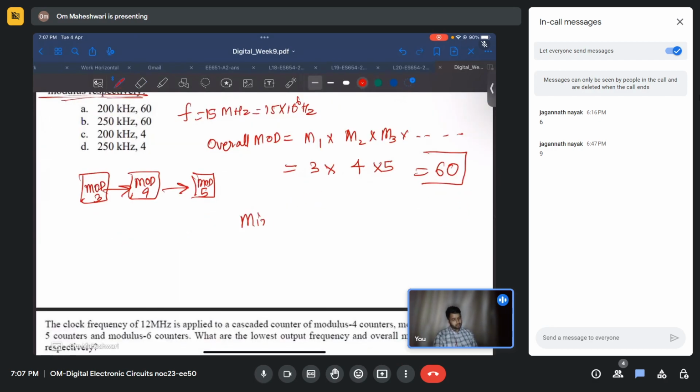So overall mod is 60 and the lowest output frequency, the minimum frequency, is given by input frequency divided by the overall mod. That is 15 into 10 to the power 6 by 60, which is 250 kilohertz.